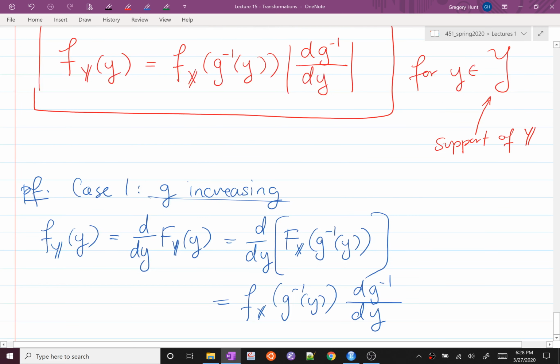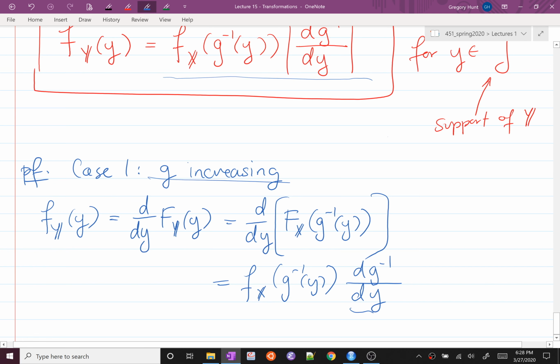So if we compare that to the above formula here, it looks really similar to it. No absolute values. Well, we don't need absolute values in this case because this thing here is bigger than 0. It's an increasing function, and so the inverse here will have a positive derivative.